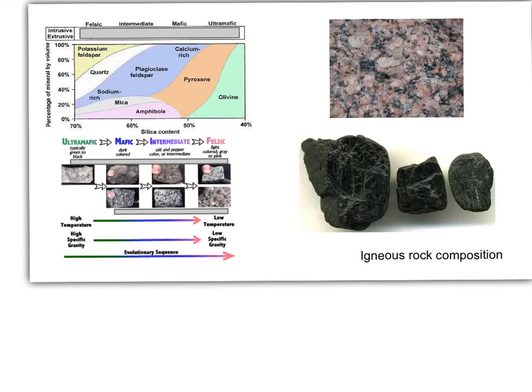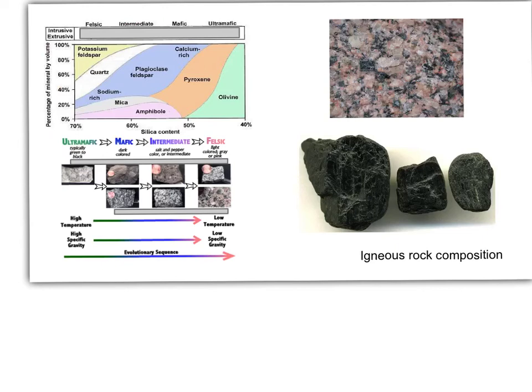But in terms of focusing specifically on igneous rock, we can classify igneous rock on the basis of a couple of properties. We already talked about intrusive versus extrusive, that is volcanic rock, which cools at the surface, versus plutonic rock that cools underneath.